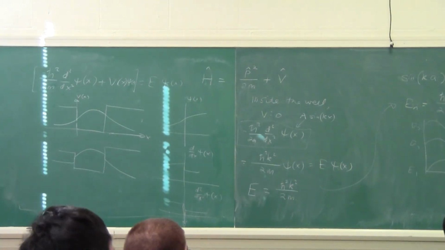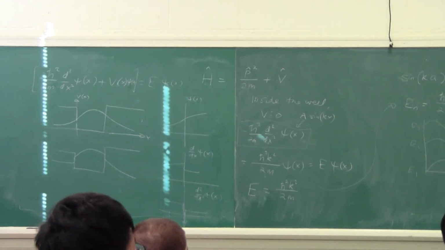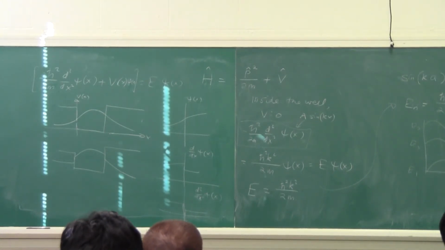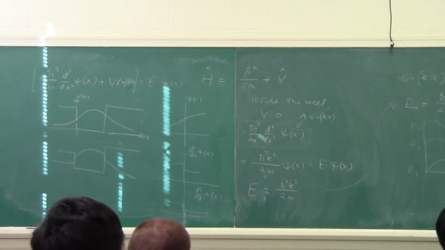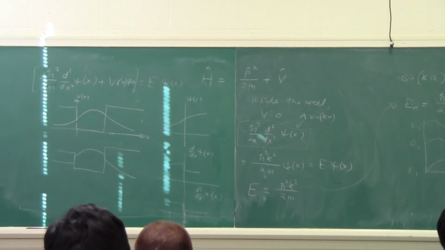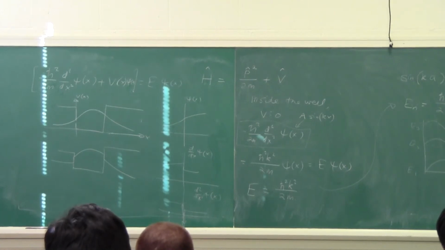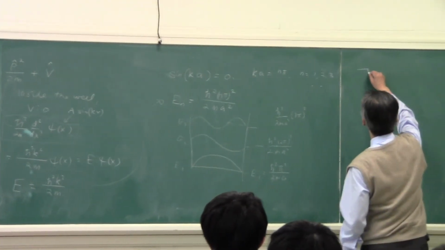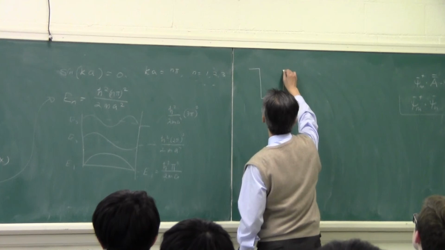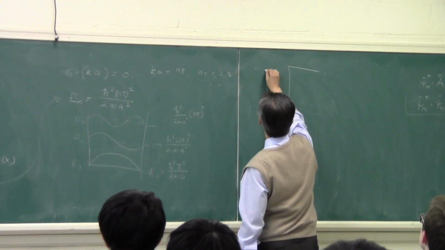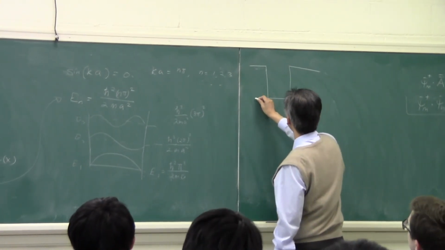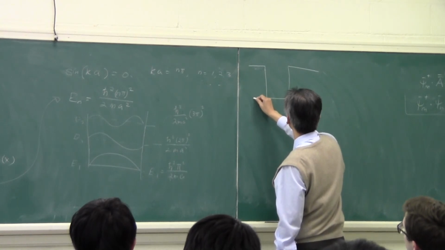But this picture is actually the limiting case of this other problem. That is, if I were to solve this problem, it's a limiting case of a finite potential well problem. Okay? If I were to look at this solution, it will look something like this.